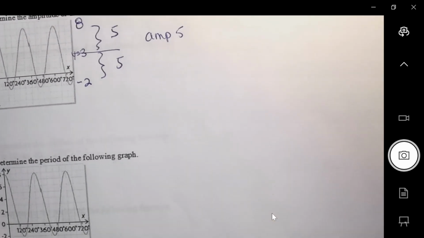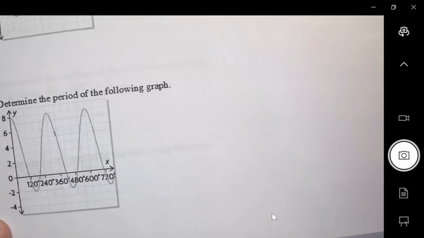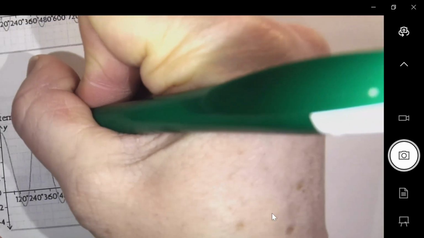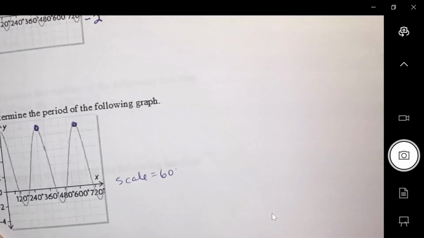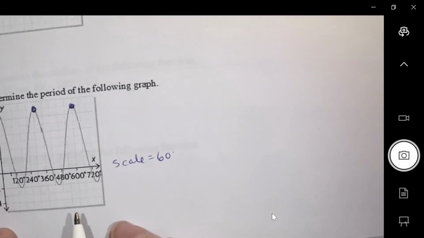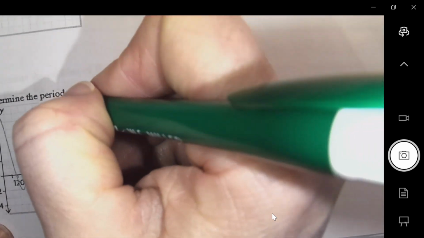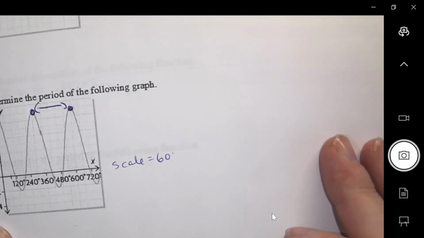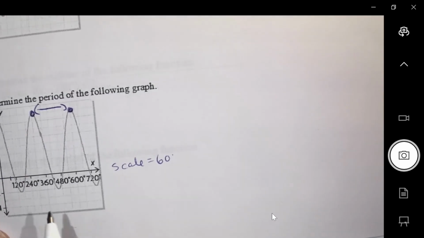Okay, determine the period of the following. So first of all, this scale, can you see that I think every tick mark is 60? I'm just going to pick two of the same points. I'm going to go from this top point to the next top point. You can pick this bottom and this bottom.